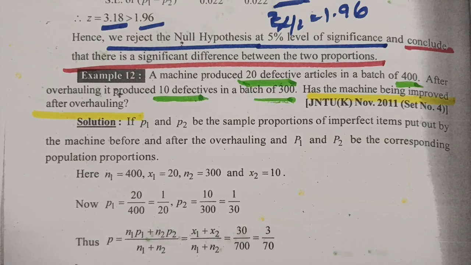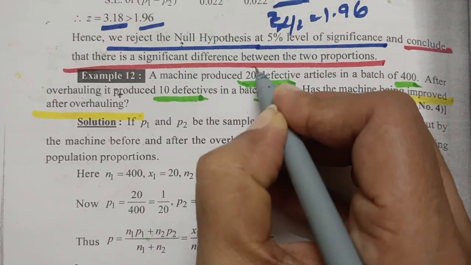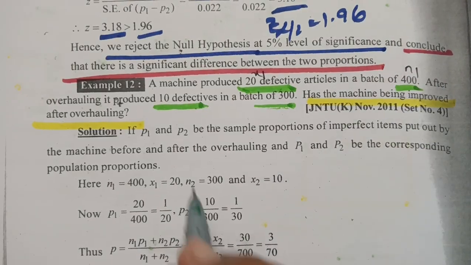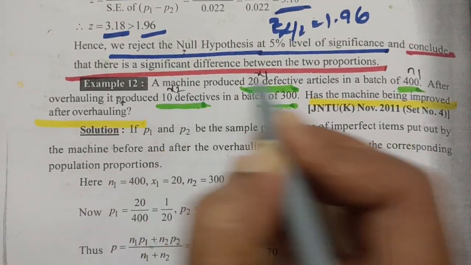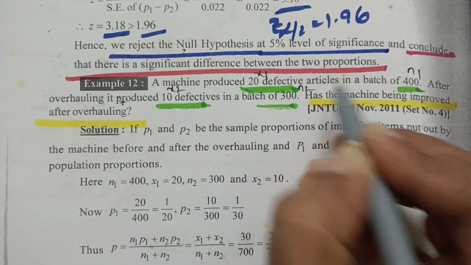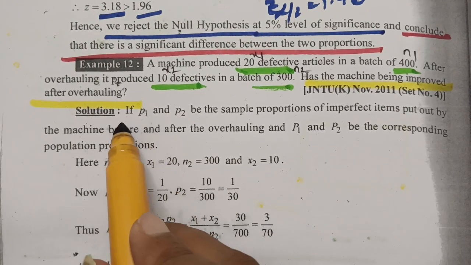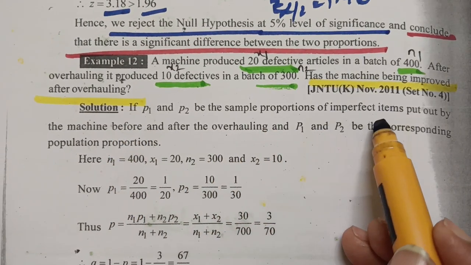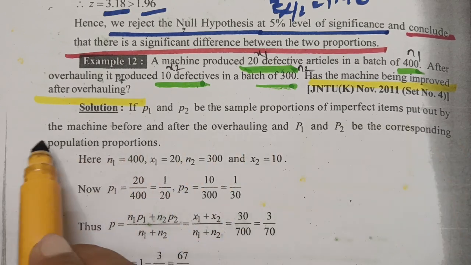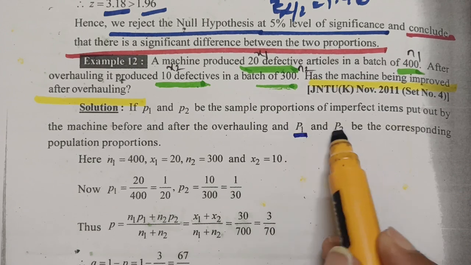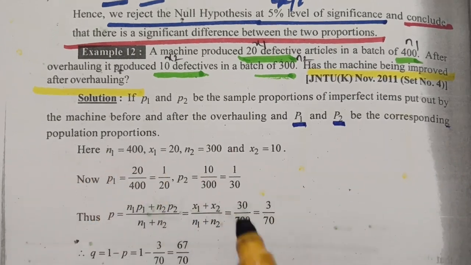So here it is very easy. This defective value is x1, and the sample size is n1. 10 defective, so this is x2, and this value is n2. This is very clear from the question, and therefore in the solution, let P1 and P2 be the sample proportions of imperfect items put out by the machine before and after the overhauling, and let capital P1 and P2 be the corresponding population proportions.